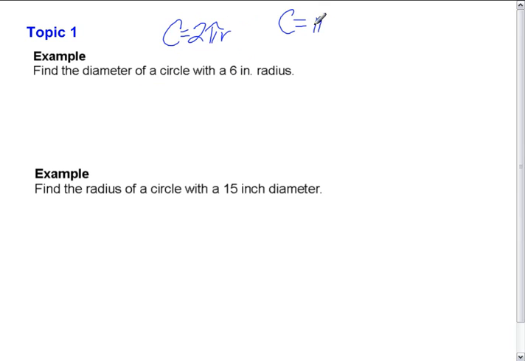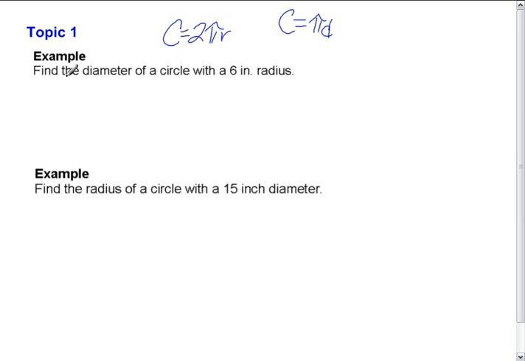Circumference is equal to pi times the diameter. But since neither of these examples are asking us about circumference, we'll just table that for later discussion. I think I just put those circumference formulas in there for reference in case you do need them.